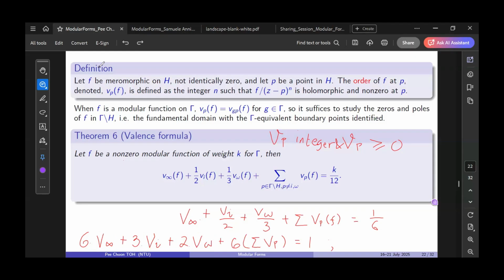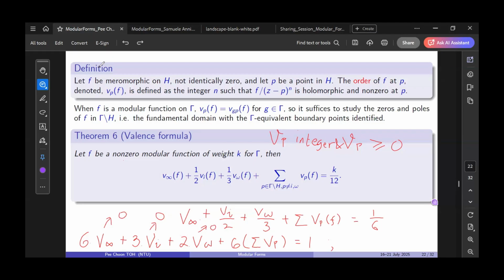If this is 1 or more, then this is at least 6, already more than 1. Contradiction, which means this must be 0. If this is 1 or more, it's already 3, which is more than 1, a contradiction, which means this must be 0. If this is more than 0, this is at least 2, more than 1, contradiction.